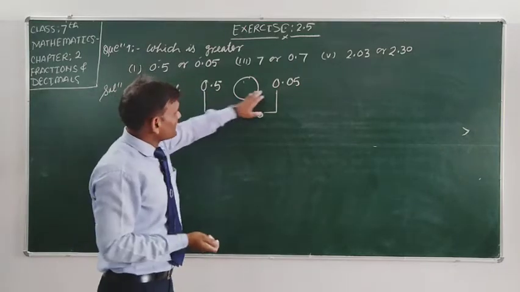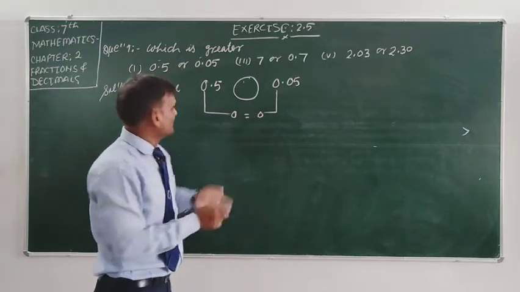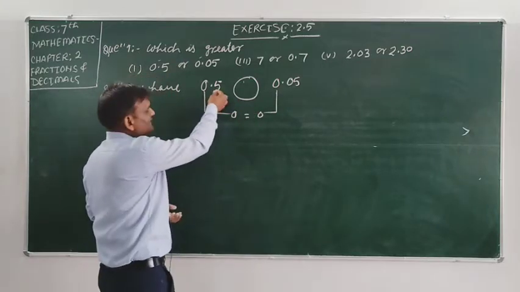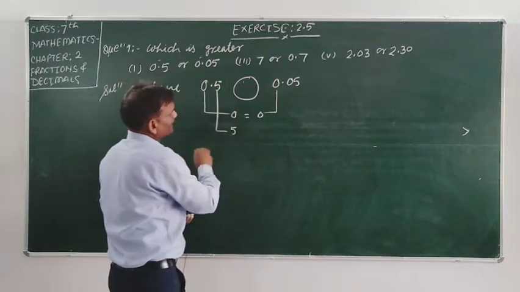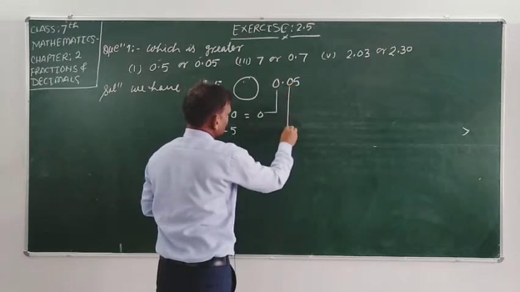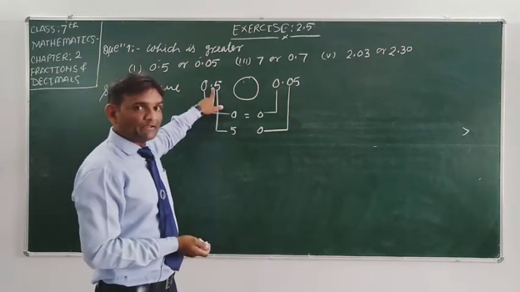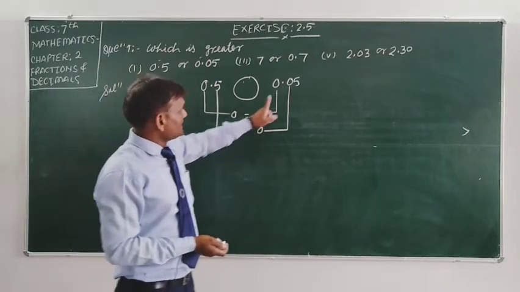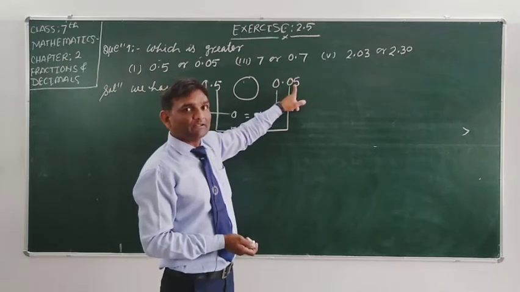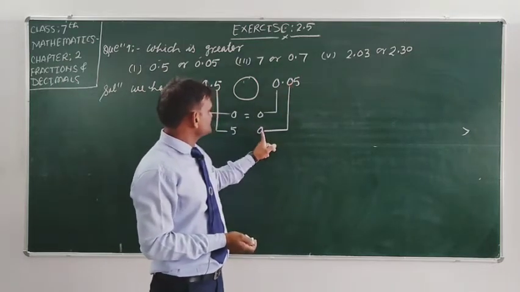By the whole number part we can't say which is greater and which is smaller. So now we take the decimal part. First digit is 5 and first digit is 0. After the decimal point, in the first decimal number, the first digit is 5, and after the decimal point, in the second decimal number, the first digit is 0.